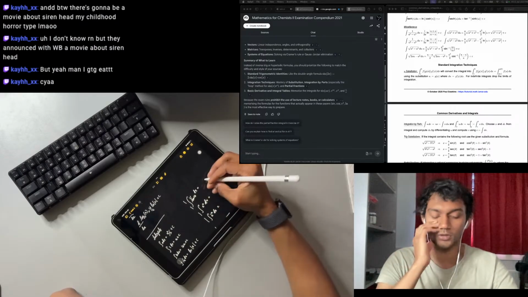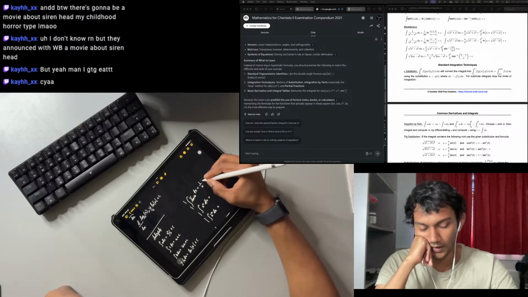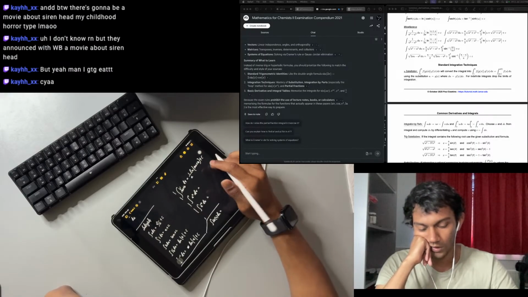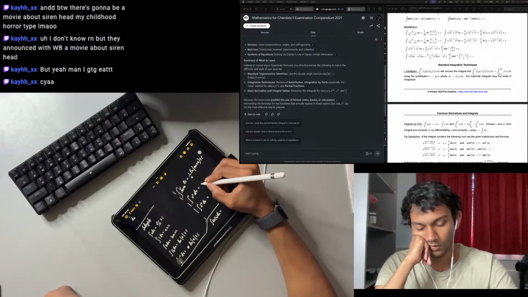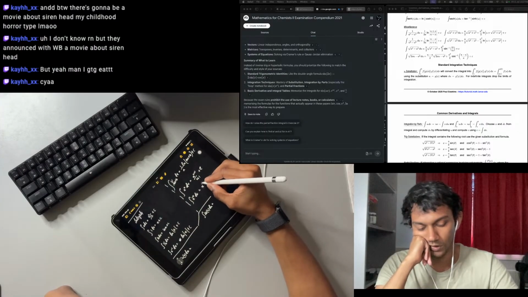Natural log of x plus c. Integral of 1 by ax plus b dx. Oh, I remember this. 1 by a, natural log of ax plus b plus c. x raised to n plus 1 by n plus 1 plus c.